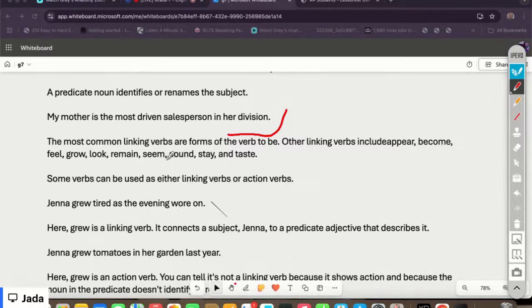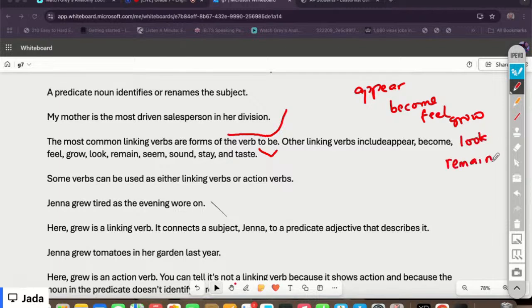Yeah. The most common linking verbs are forms of the verb to be. So other linking verbs include appear, become, feel, grow, look, remain, seem.